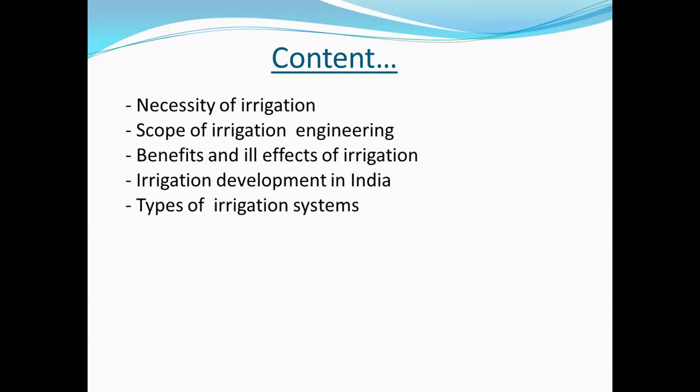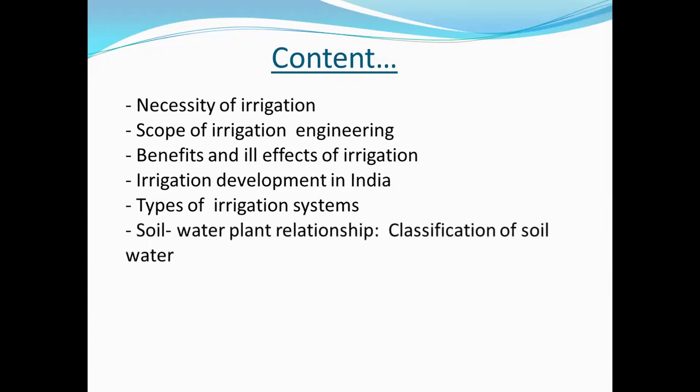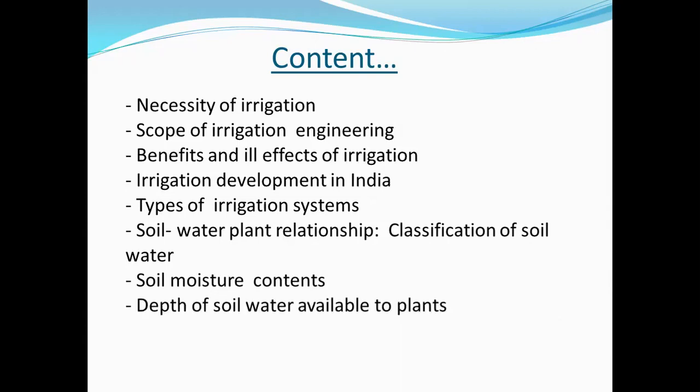Next is the soil-water-plant relationship. It also includes the classification of soil water, soil moisture contents, and the depth of soil water available to the plants. And the last one is the permanent wilting point, right?